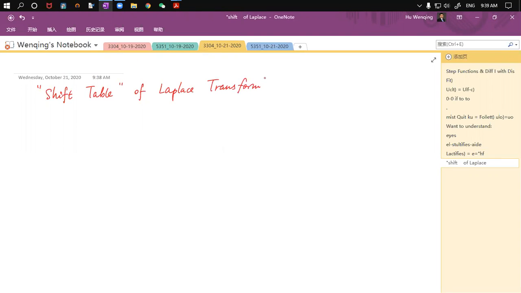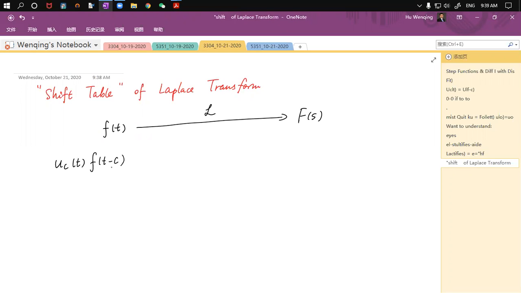The shift table of the Laplace transform basically says the following: if the function f of t is carried under the Laplace transform to the function capital F of s, then if you shift the function to the right by c, you end up with u_c(t) multiplied by f(t minus c). Then under the Laplace transform, you do an exponential shift e^(-cs) multiplied by F(s).